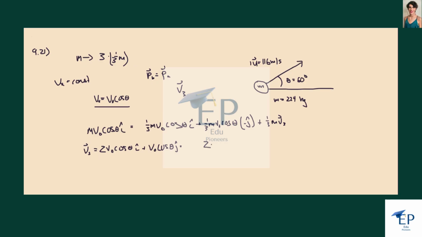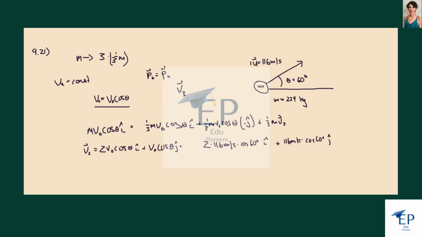Now we can plug in. This is 2 times 116 meters per second times cos 60 degrees in the i hat, plus 116 meters per second times cos 60 degrees in the j hat direction.